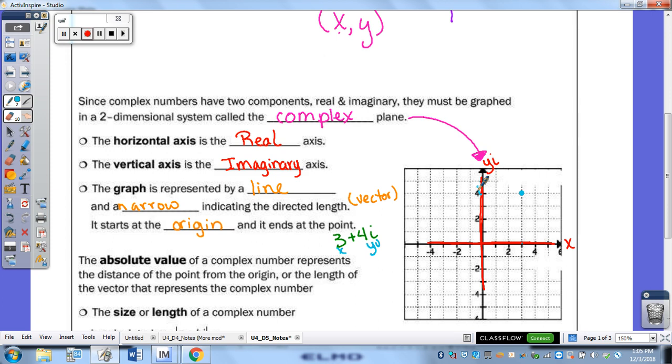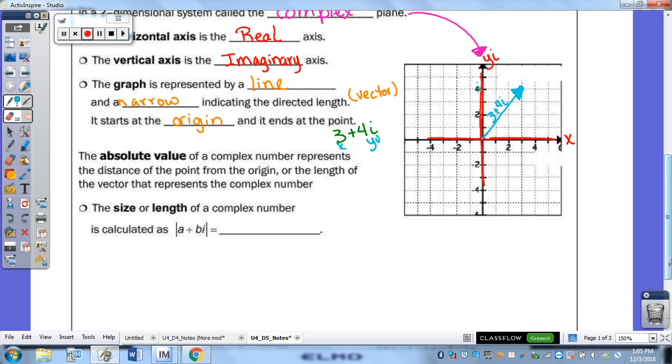And then you would connect it, starting at the origin. Let me draw a much better line than that. Draw a line connecting the two of them, and that's actually what it would look like. And then we would label it as 3 plus 4i. So it's a vector, a line with an arrow, so you can indicate the direction that it is going in, and that's how you would graph them.